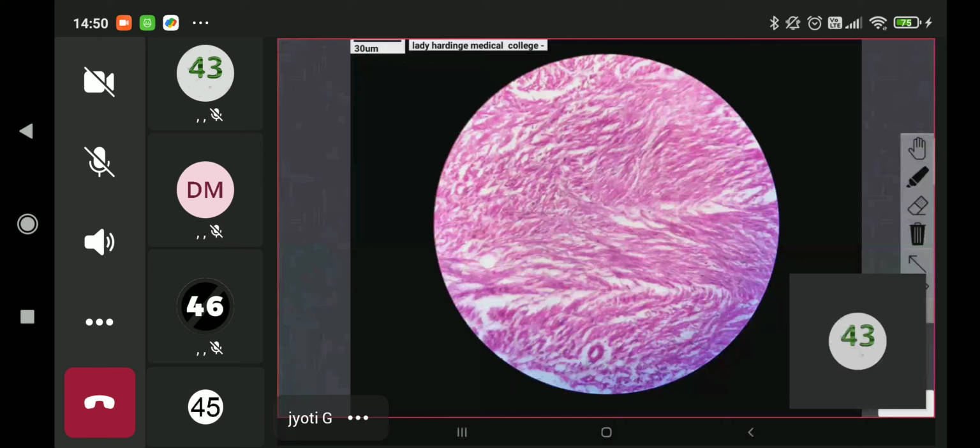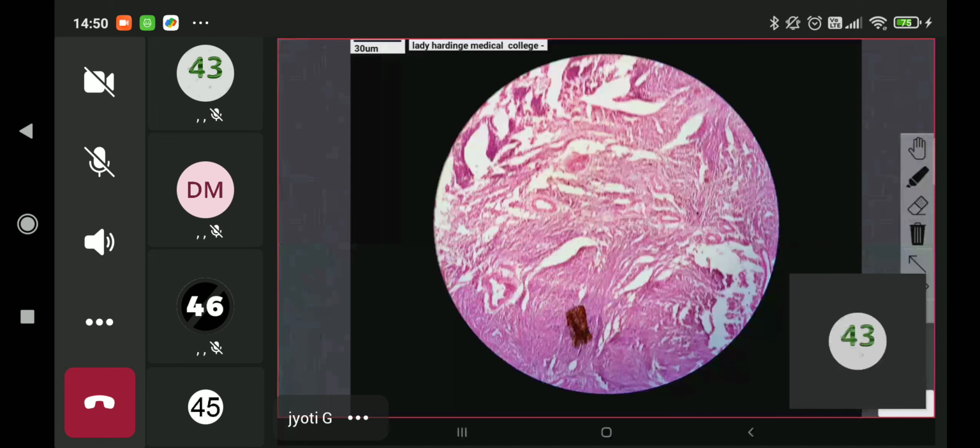Within the leiomyoma, you can have thick-walled blood vessels, like you see here. Normally they are present in myometrium too, and in leiomyoma as well. Sometimes these vessels can show calcification, that is Monckeberg's calcification. So this is a case of leiomyoma of uterus.